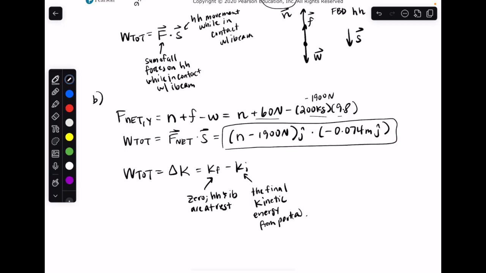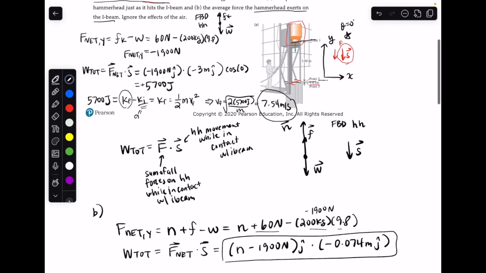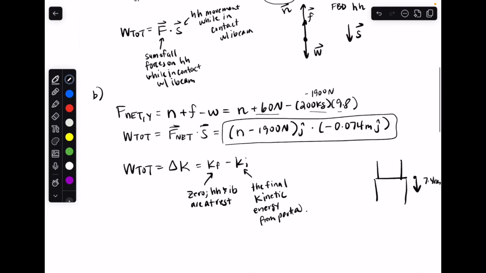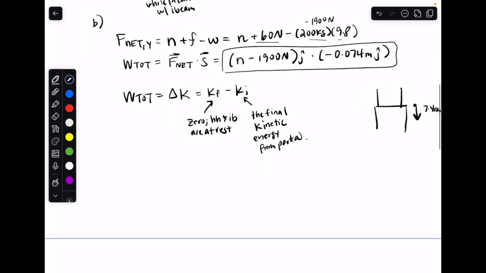Because this is the initial velocity of this situation, the I-beam and the pile driver moving down together 7.4 centimeters. When they first meet, the hammerhead is moving at 7.54 meters per second, because that's what part A asked us to solve: find the speed just before it hits the I-beam. So that's going to be 7.54 meters per second.